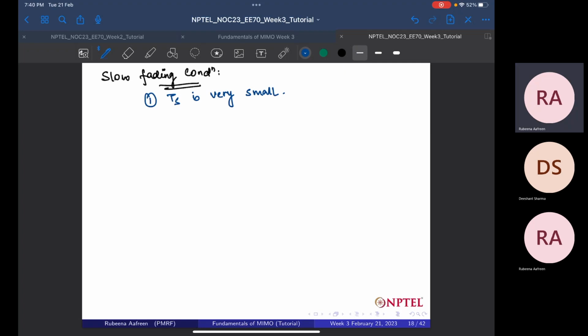Suppose Ts is very small, or we use another type of modulation, then Ts will change. Then if it is slow fading for one type of modulation, it can be fast fading for the other type of modulation. This we will see in the questions that will follow. So one condition is that if Ts is very small, it can go to slow fading, or if mobility is very slow.